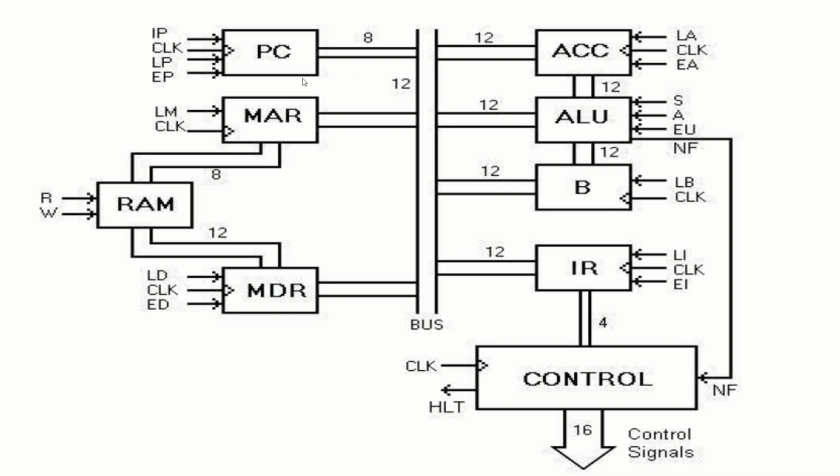See, the program counter deals with the address of the next instruction, hence it is connected to an 8-bit bus. Anywhere you see the address, the registers that deal with the address are connected to an 8-bit bus, and the registers that deal with the actual data are connected to the 12-bit bus. Alright, so I hope the program counter is now clear.